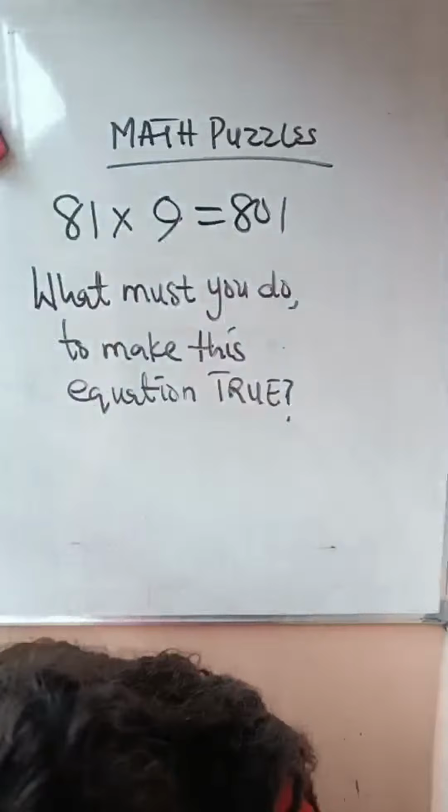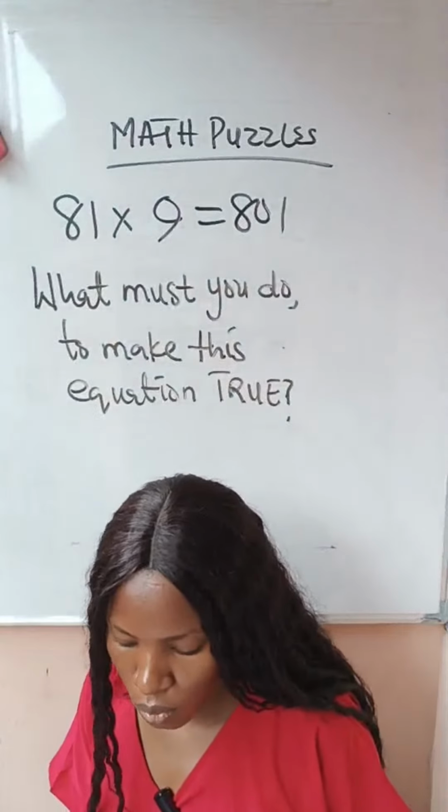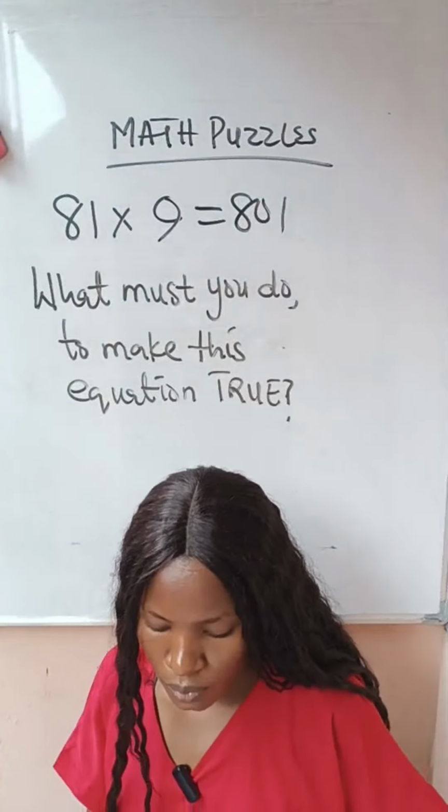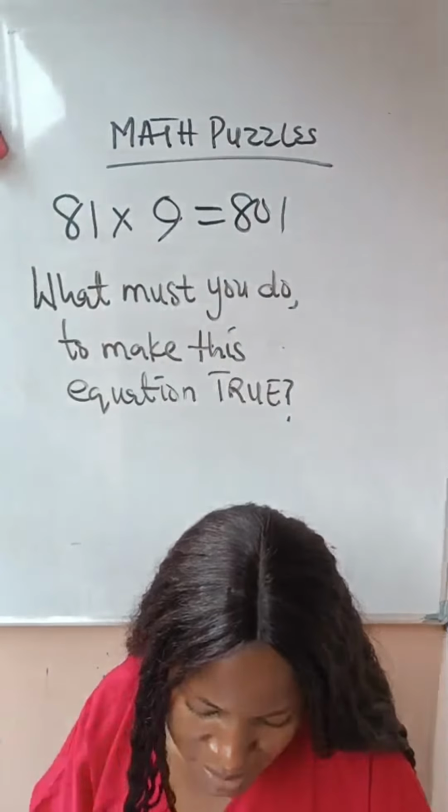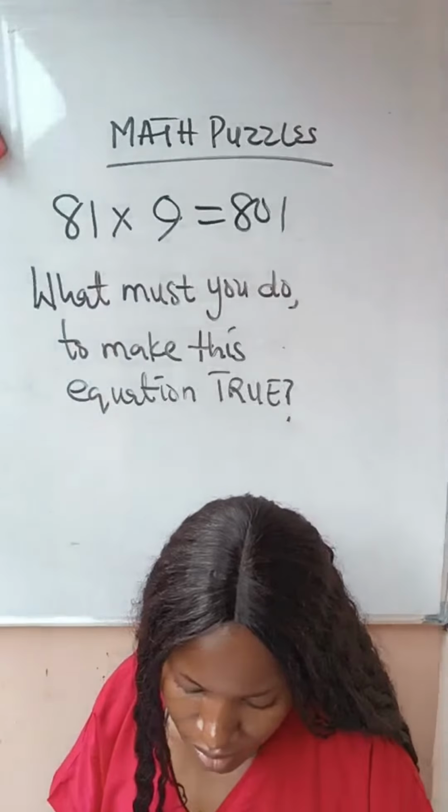That 81 times 9 is equal to 801. What must you do to make this right?